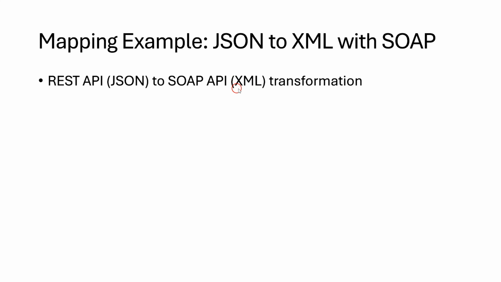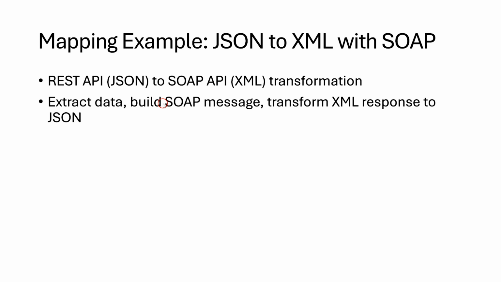It will accept requests in XML, but our client is sending the request in JSON format. Then you can use a mapping template and extract the necessary data, build a SOAP message and send it to the SOAP service. Once the SOAP service sends back a response, then you convert that XML response to JSON for the client.